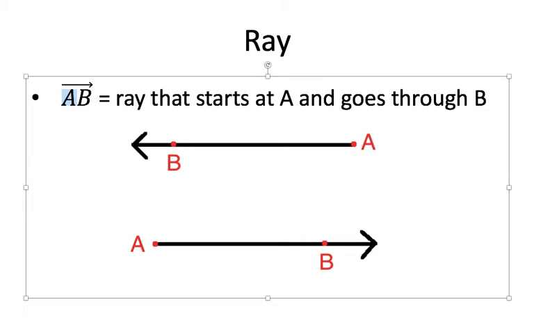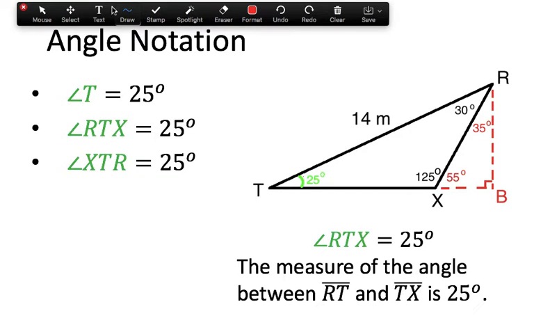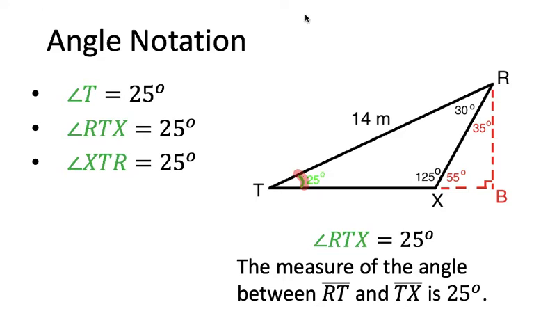Okay, so moving on, let's talk about angle notation. So here, let's say that we are trying to write the notation for this particular angle here in green. So that angle represents the angle between RT and TX.